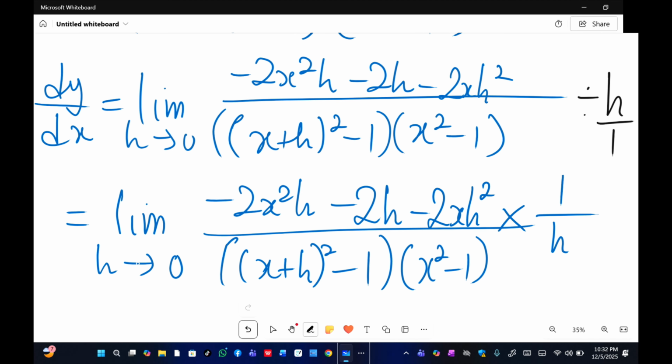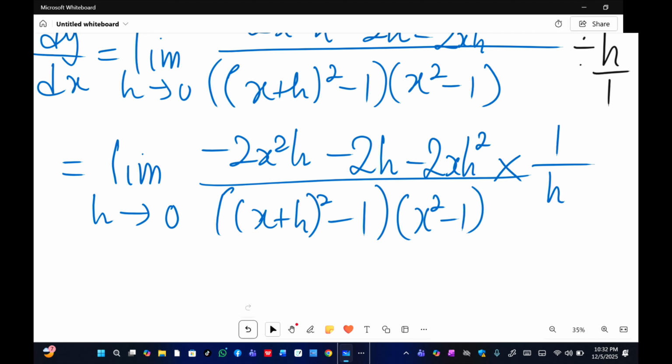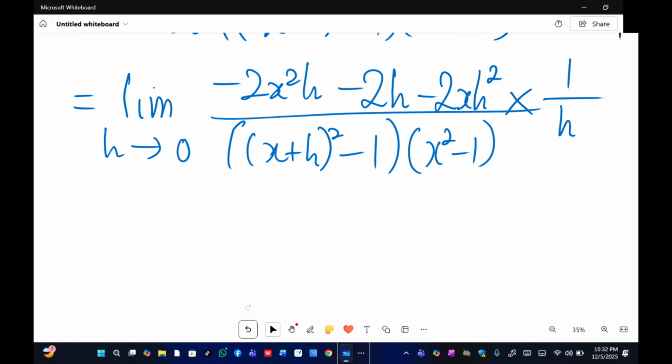Alright, so you can now simplify. You can simplify the numerator where you factorize h out, or you can just divide each of the terms in the numerator by h. So let's just do that, so that it will move very fast. When this h divides the h in the first term in the numerator, you are going to get negative 2x squared.